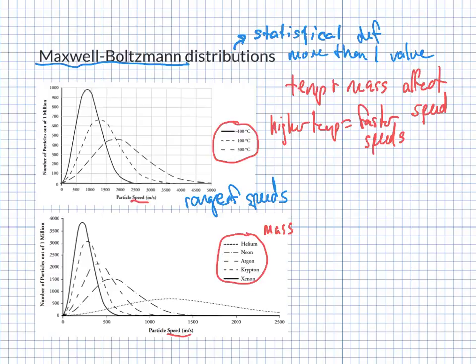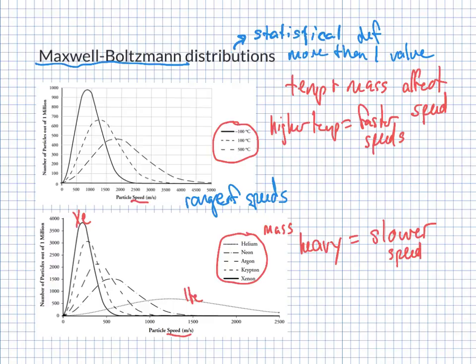Now in terms of mass, if we look at these, the heavier things, right? So this is xenon, and this one over here is helium. So looking at the extremes, what do we see here? Is the heavier thing faster or slower? Well, here it's slower. So heavy equals slower speed.